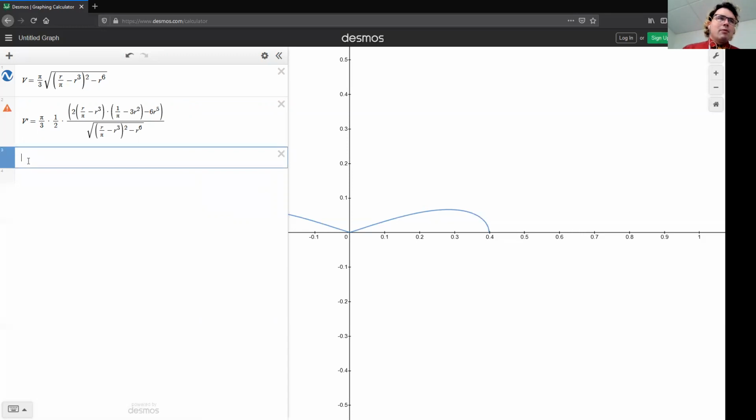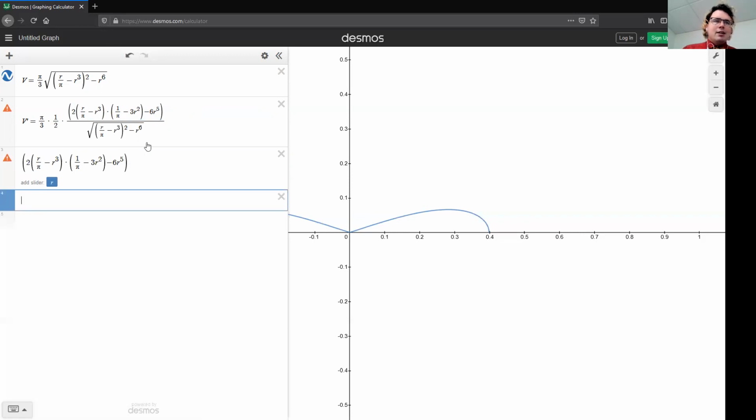So what am I going to do? If I want this derivative to be 0, then I don't actually care about the constants out front. I don't actually care about the denominator. I only care about what makes this polynomial 0.